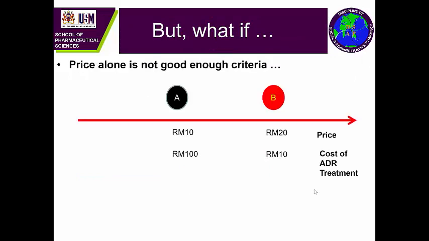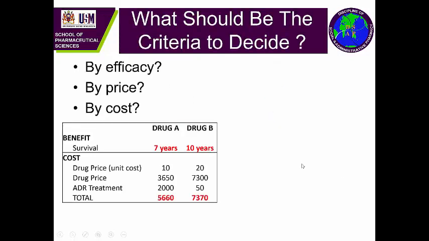So sometimes you have the old drug which is fraught with a lot of safety problems. There's a lot of adverse reactions which require expensive treatment, compared to the newer drug, which might only have very negligible or minimal adverse drug reactions and consequently would have a reduced cost of ADR treatment. So there we go.